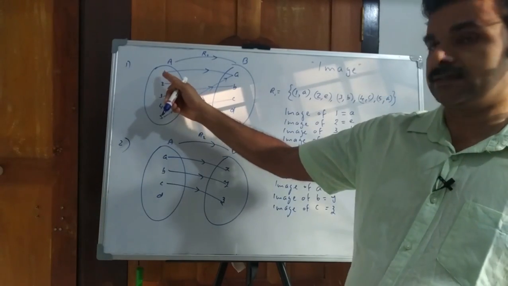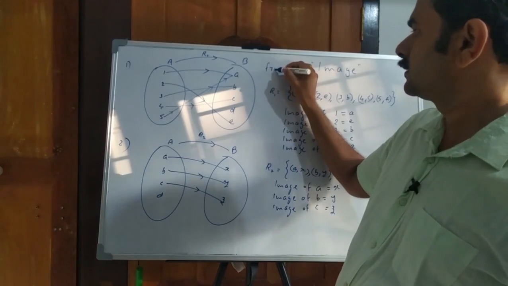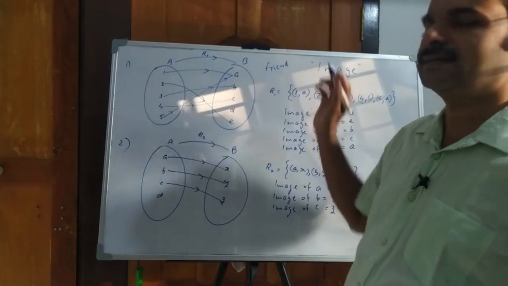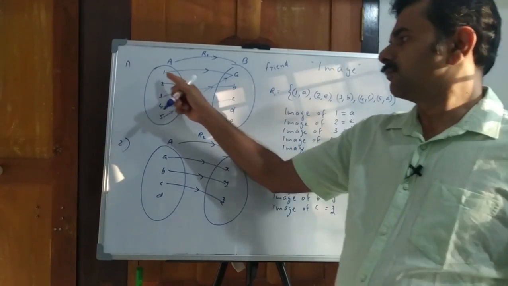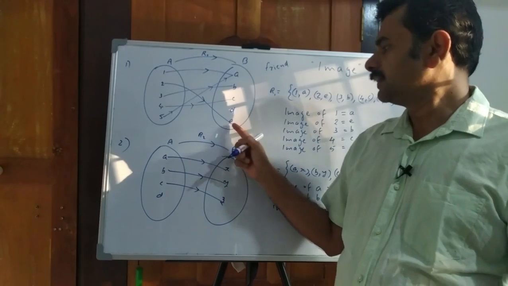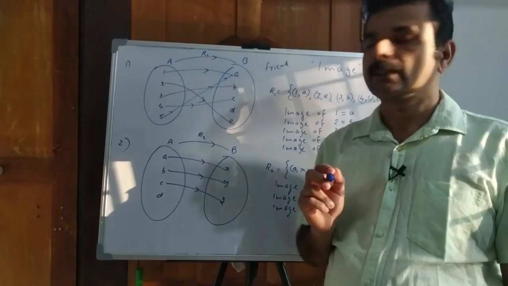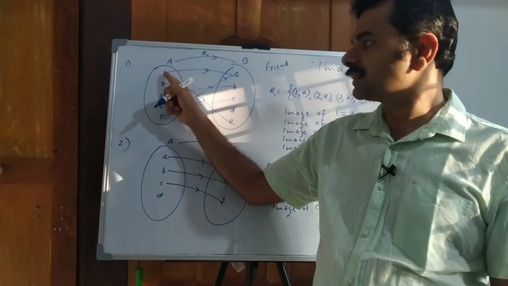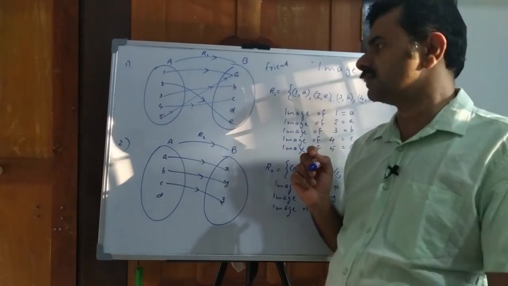Suppose let us take the relationship as "front". The 1 and A are fronts. A is the front of 1 and A is the front of 5. How many fronts are there for this 1? That is A. Only one front.